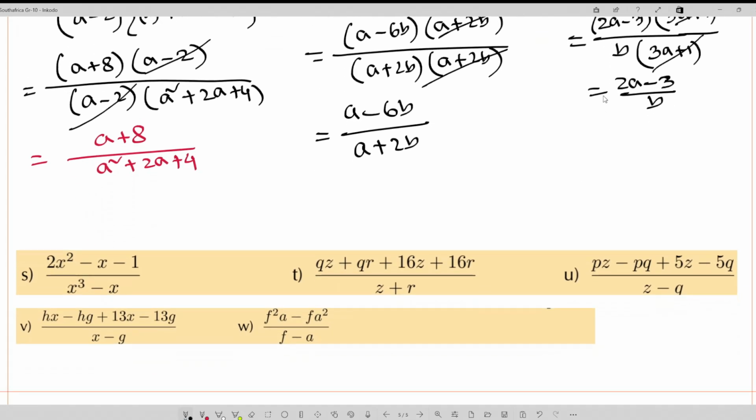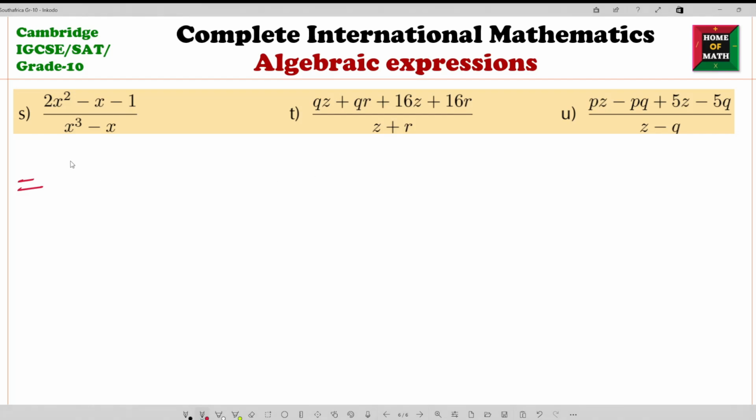So now number S. Let's turn to the next page. This fraction: 2x square minus x minus 2, divided by x cube minus x. So 2 times 1 means 2. So it means 2 minus 1 also equals 1.